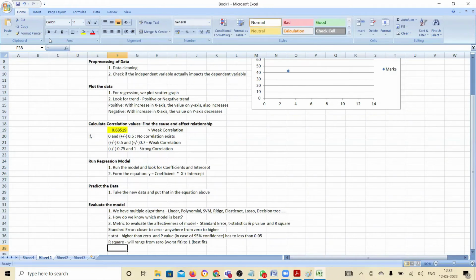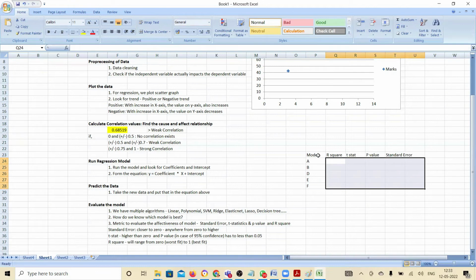When you're comparing two models or three models or five models, say linear regression, SVM, decision tree, random forest, ridge, then you look at r-square value, t-stat, p-value, and standard error, and then you compare.